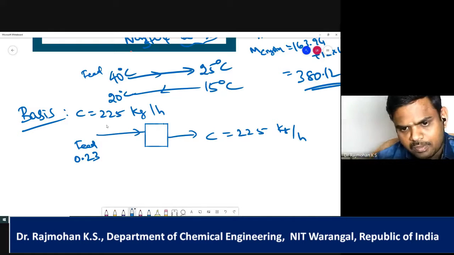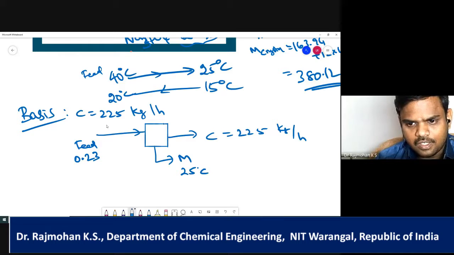How much mother liquor is entering? Mother liquor is leaving at 25 degrees centigrade. Remember, this feed is getting cooled from 40 to 25 degrees Celsius. So therefore, this C also will be at 25 degrees Celsius, and M also will be at 25 degrees Celsius.